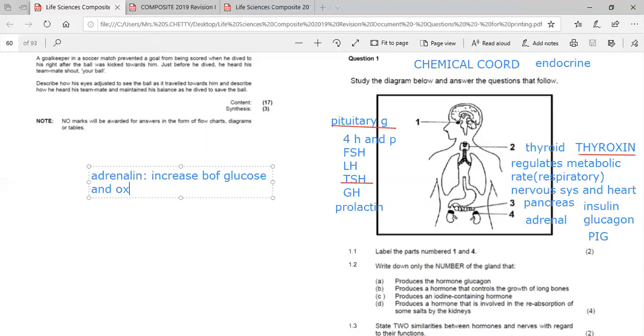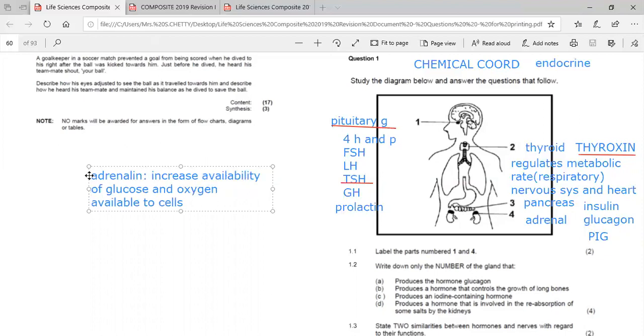Now, if you understand this here, then you would understand the increased availability of glucose and oxygen to the cells.